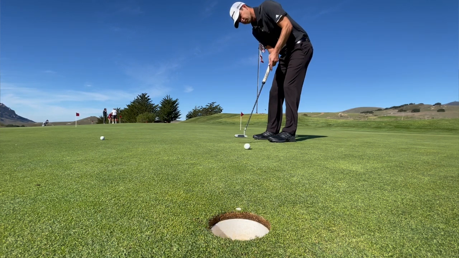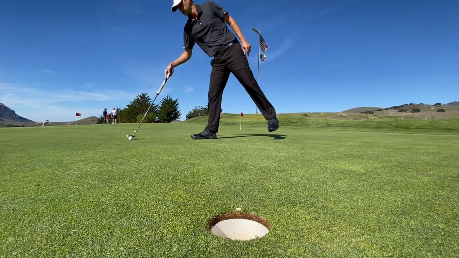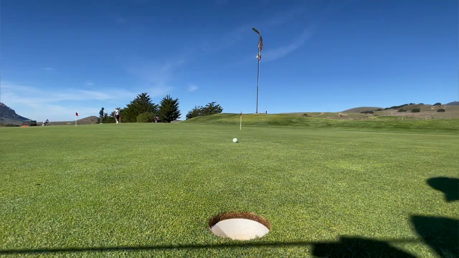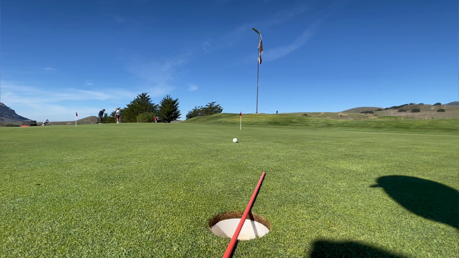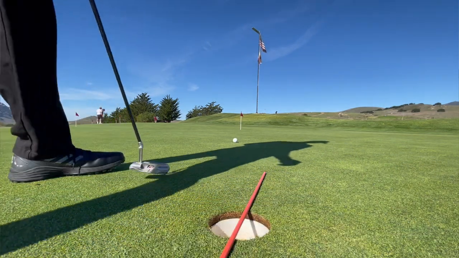So you can make putts this way, but you can see when I hit this putt, it goes right over that thing, but you can see how it bounces around inside that hole. Now the proper way to putt, I put an alignment stick down here, and this is showing the angle of how the ball is supposed to come into the hole.